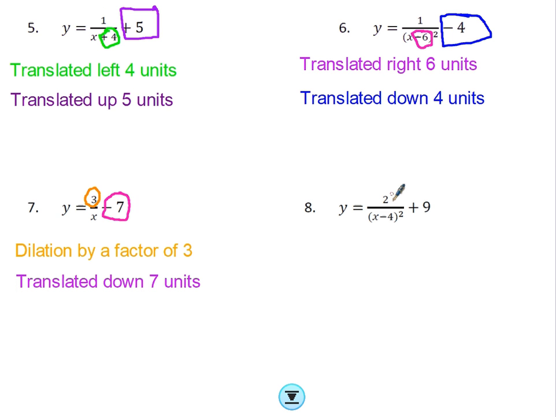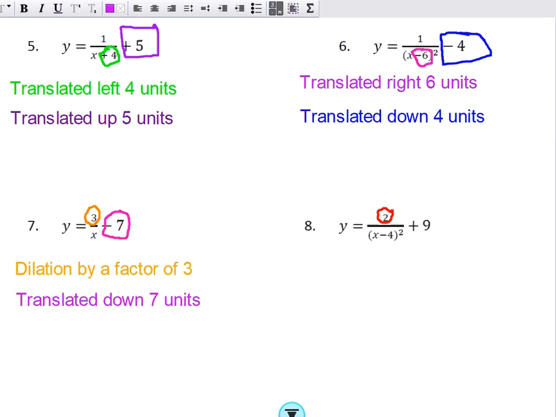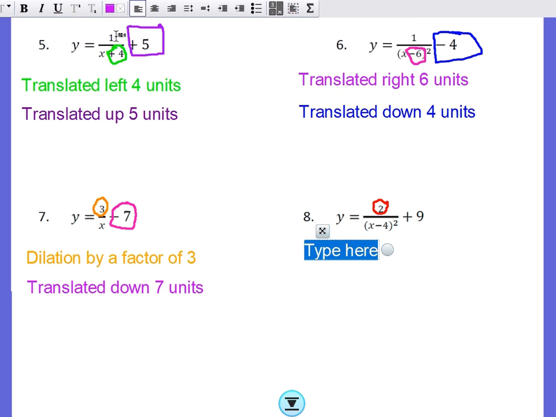And then finally for number 8, we actually have all 3. So this 2 here in the numerator instead of a 1 means that my equation from the parent function is dilated by a factor of 2.